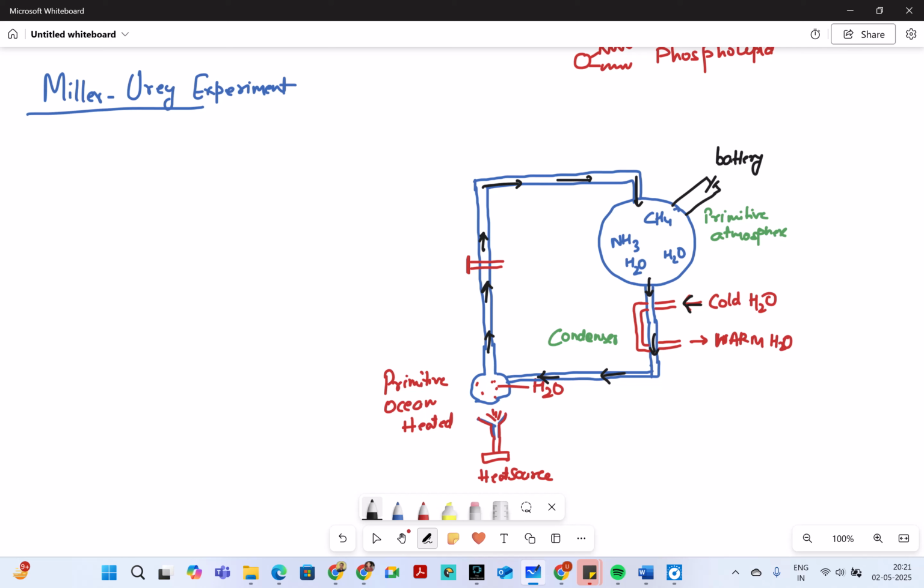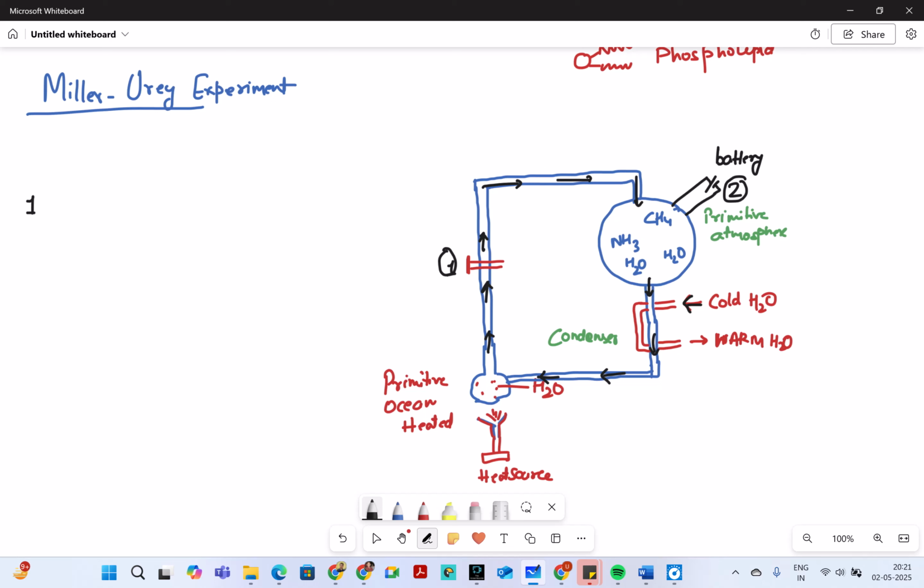So what is happening, let me see. This is the first step, right? What is happening here in this process? To represent the primitive atmosphere, methane, ammonia, hydrogen are added to the water vapor. Electrical discharge has been done, right? This is the second point you can see. In the first point we have created a condition.